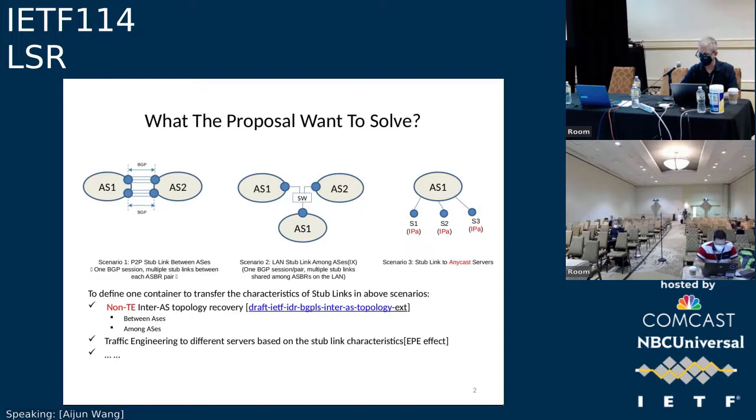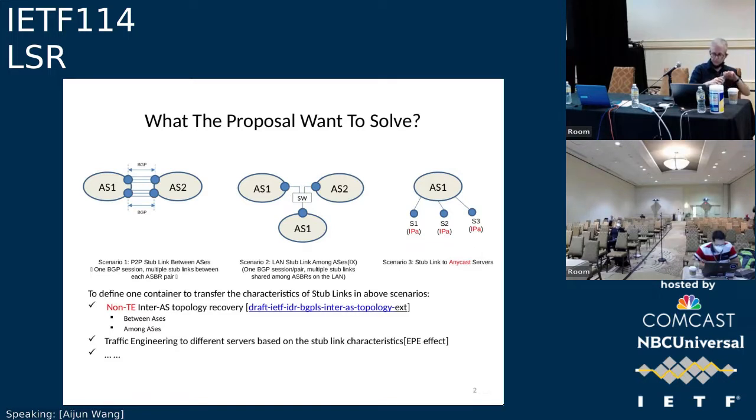The first is the inter-AS connection scenario. In such a scenario, the ASBRs will build the BGP session with their loopback addresses, and there are several inter-AS links between them. So we want to recover the inter-AS topology within the 2 ASes.